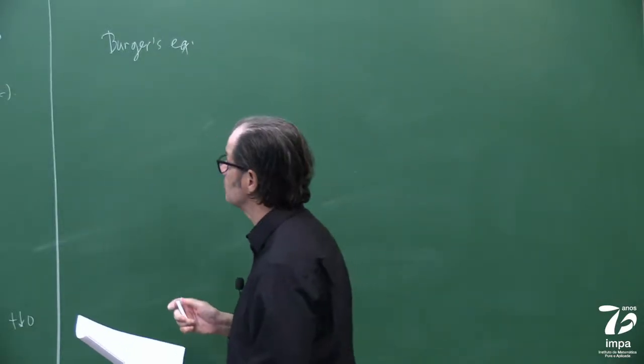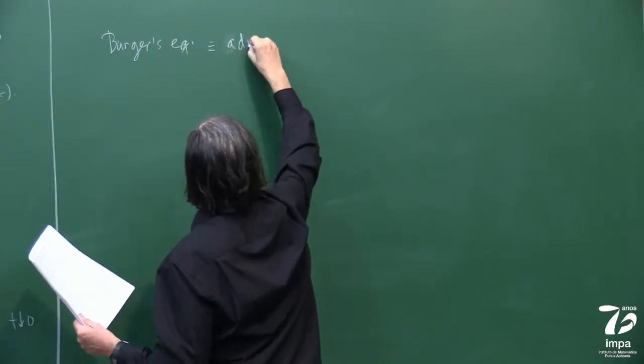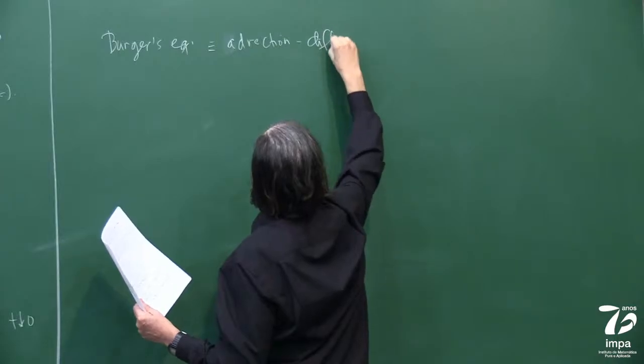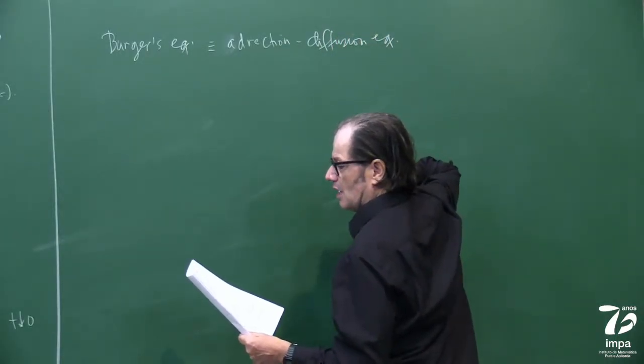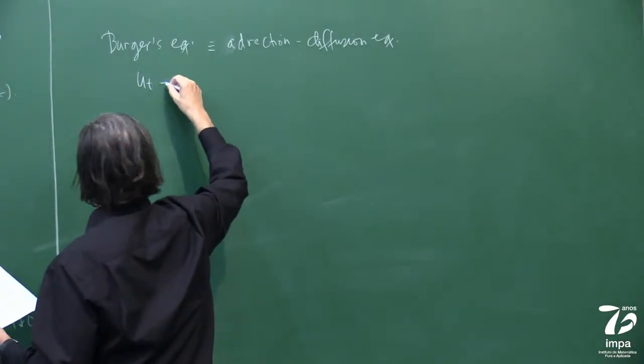Now let's look then at Burgers' equation, which is an advection diffusion equation. Okay, here it is. I'm going to write it like this.